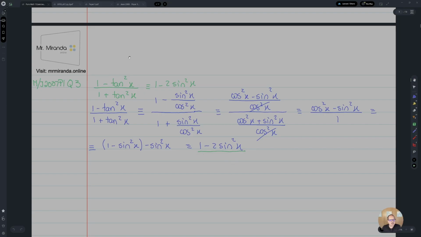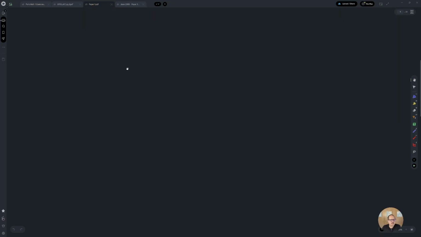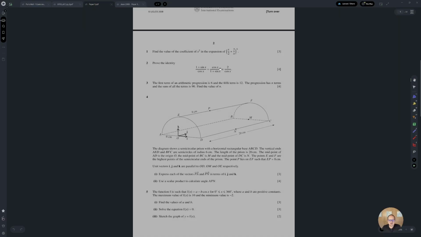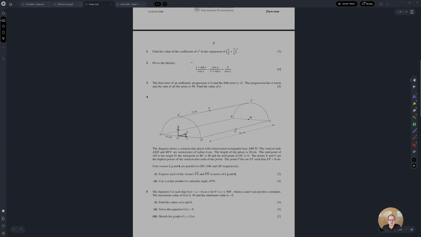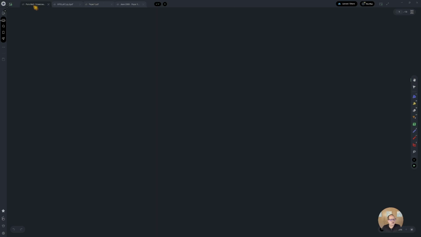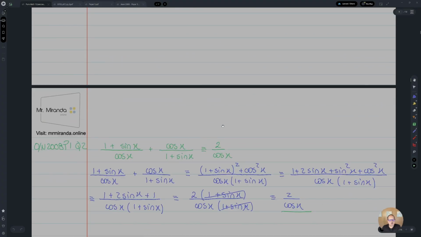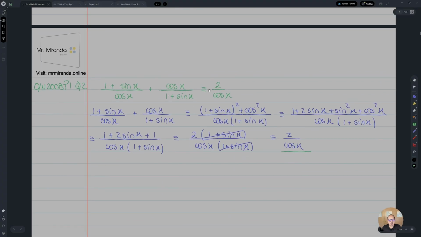Let's look at another one. This is from October/November 2008, paper 1, question 2. (1 plus sine of x) over cosine of x plus cosine of x over (1 plus sine of x) is equivalent to 2 over cosine of x. Again, you start with two fractions and you have to end up with 1.